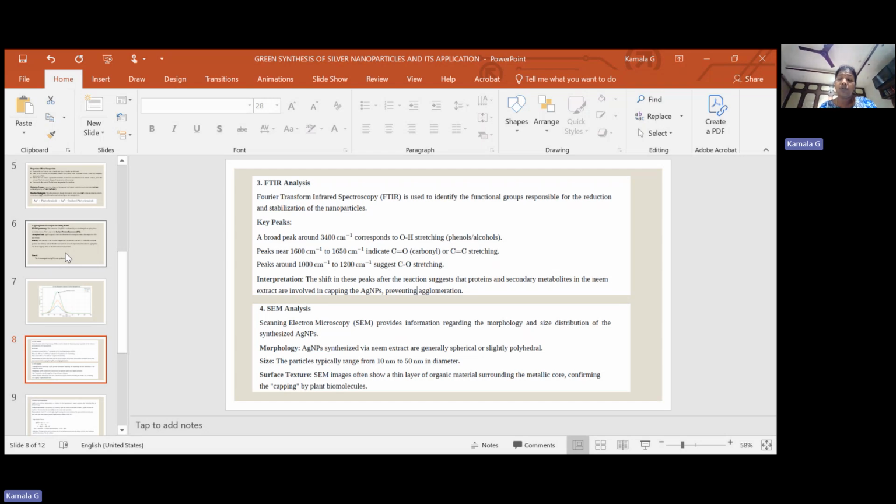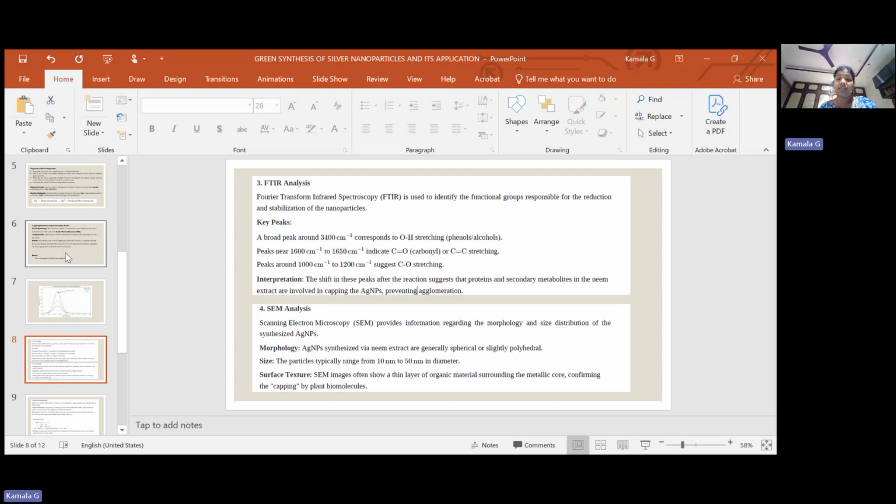Based on the above results, the interpretation is that the shift in these peaks after the reaction suggests that proteins and secondary metabolites in the neem extract are involved in capping the silver nanoparticles and preventing aggregation. Nanoparticle formation is confirmed through UV spectrophotometric analysis, and stability through FTIR analysis.